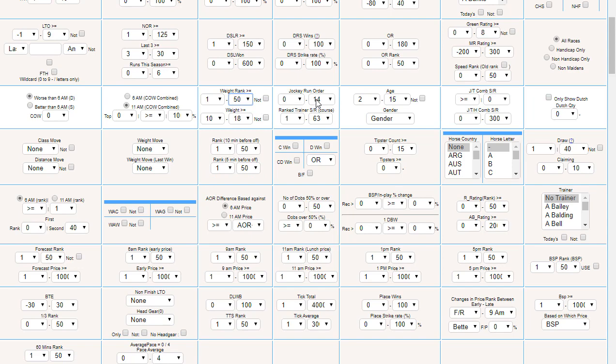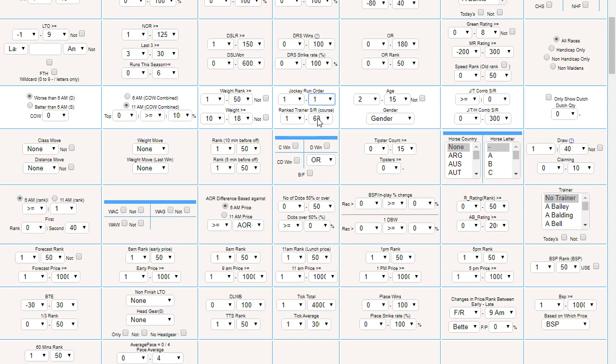Jockey run order, basically, is it the jockey's first run today, or the second or third? Are we only going to back jockeys that are on their first to third run, or only on their first run, or on the 5th run? And then ranked trainer at strike rate of the course.